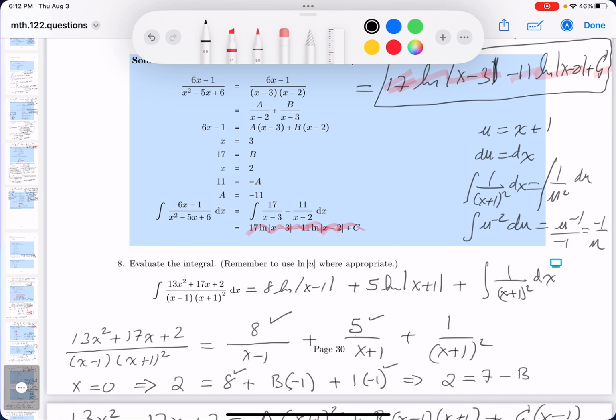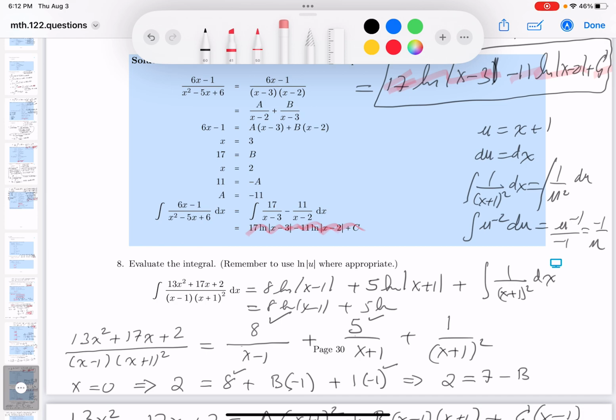I'll write the answer down now. It's going to be 8 ln of x minus 1, the absolute value of it, plus 5. You know, let me get, the eraser doesn't look right. Let me get the smaller eraser. And let's write it down a little bit neater maybe.